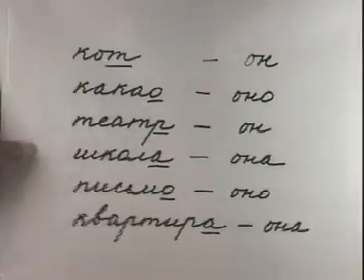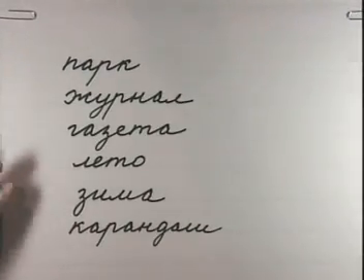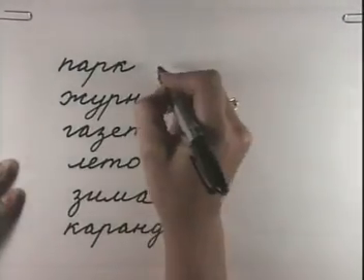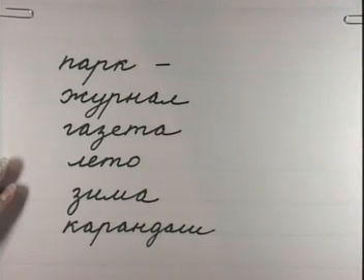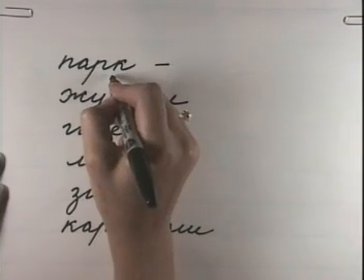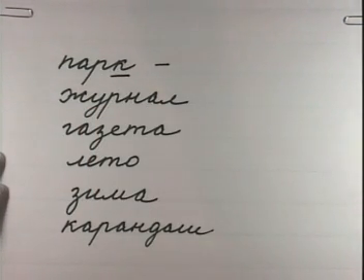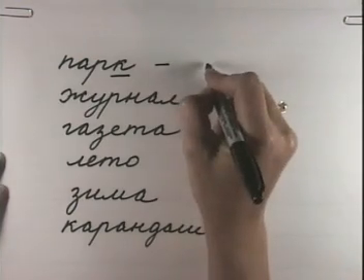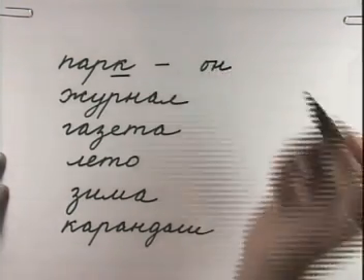Хорошо. Well, let's keep on practicing and we will work on these nouns. Again, we'll look at the last letter in a word. Парк ends in к. It's masculine, so we can replace it with он.